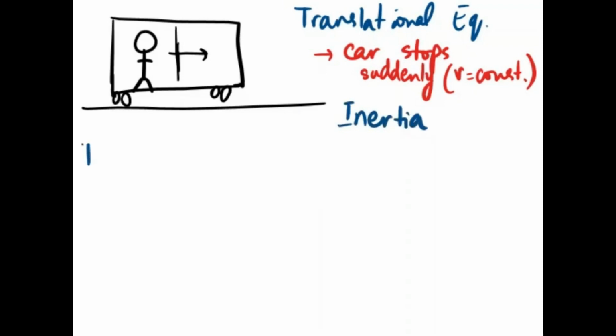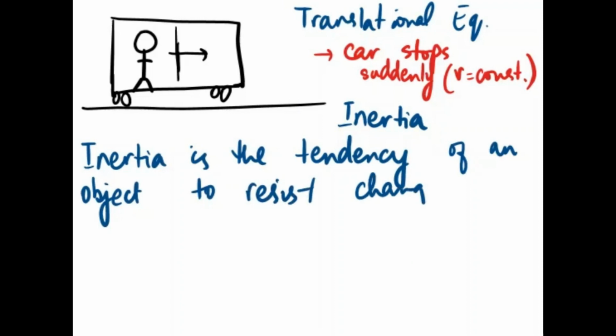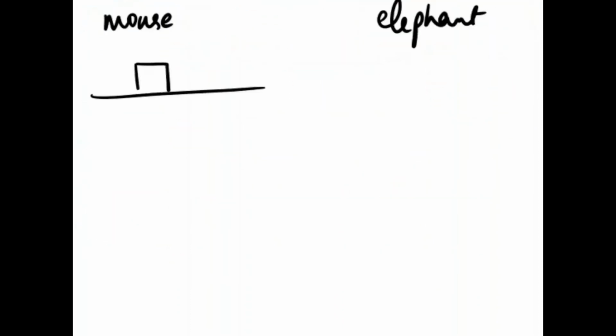Now this concept is called inertia. Inertia is defined as the tendency of an object to resist changes in its velocity. The word inertia is basically proportional to the mass of an object. So let's understand what it means. Let's say we have a mouse and we have an elephant.